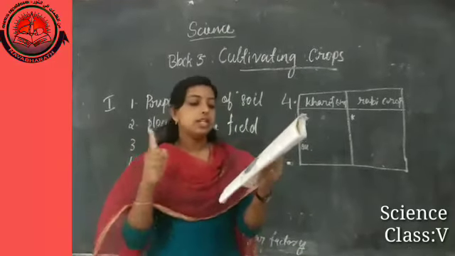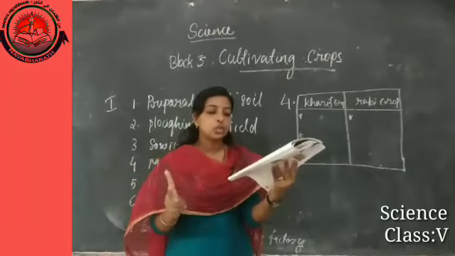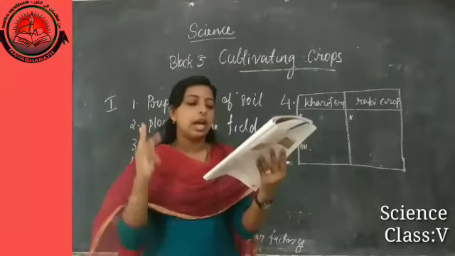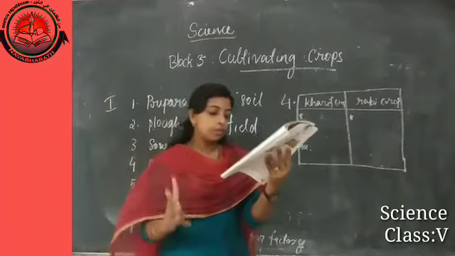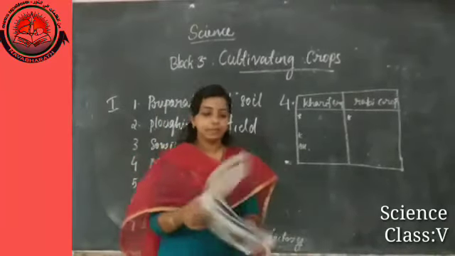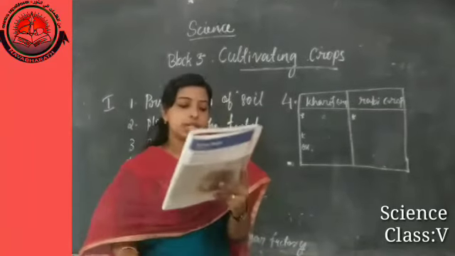First thing is seed sown should be of good quality. Second one, they should not be planted too close to each other. And third point, the seeds should not be planted too deep into the soil. Okay. Then our last question, eighth question.